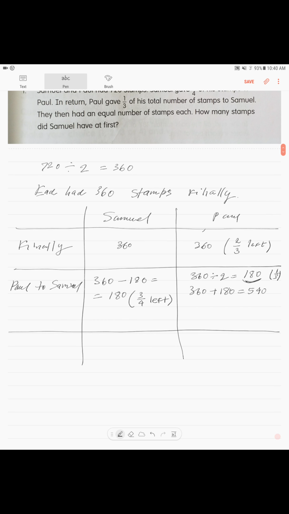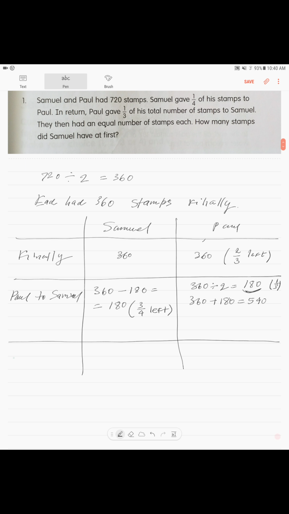So the first transition, the first stage is, let me erase it, Samuel gives to Paul. So if here 180 is 3 over 4, then we need to find what is 1 over 4. 180 divided by 3 is 60.